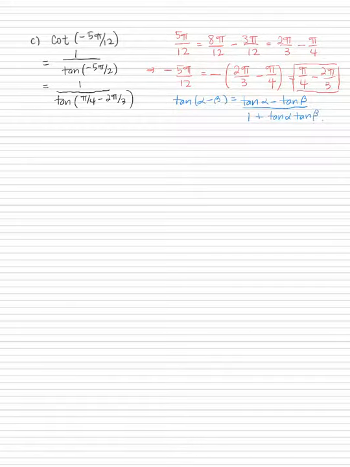Okay, so this is going to equal 1 over, so it's going to look a little bit ugly here. So we get tangent of pi over 4 minus tangent of 2 pi over 3. And now whole thing over 1 plus tan of pi over 4 and tan of 2 pi over 3.